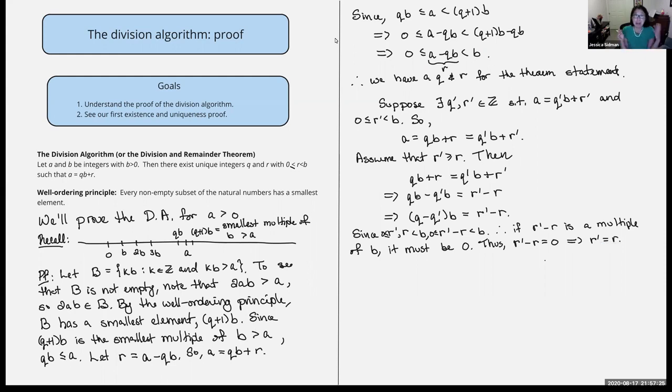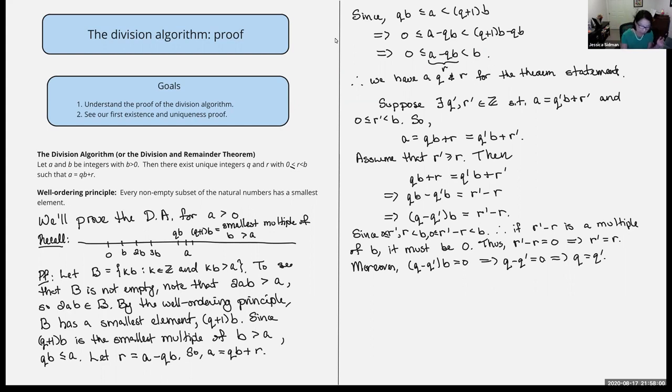Here's where I'm going to use that word moreover again, right? I never use that in real life. Moreover, if R prime minus R equals 0, it must be that Q minus Q prime B equals 0, which implies that Q minus Q prime equals 0, which implies that Q equals Q prime. So wait a minute, let's step back. That's a lot of algebra, a lot of stuff happened.